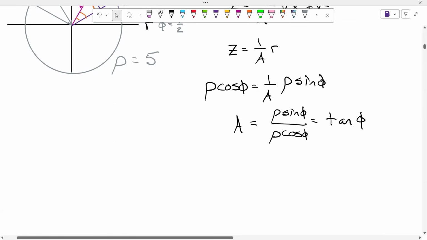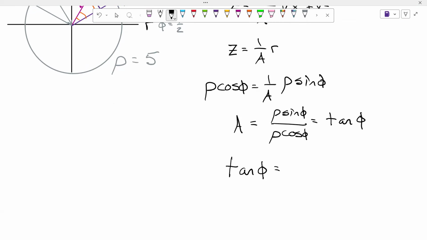So I can simplify that. I want to rewrite that equation right here. Tangent phi equals a, because that means phi is equal to the arctangent of the absolute value of a. Arctangents are defined in a really funny way, right?